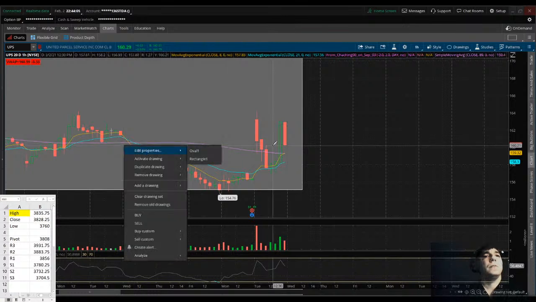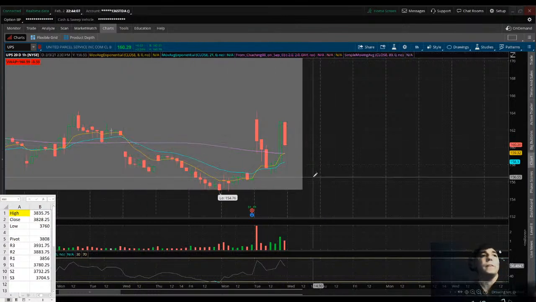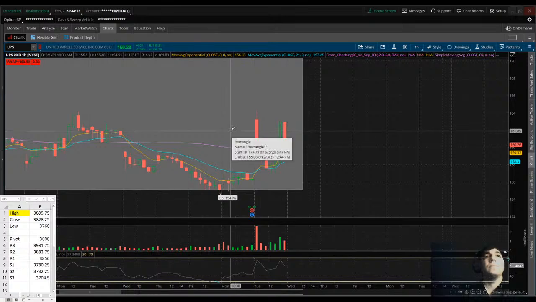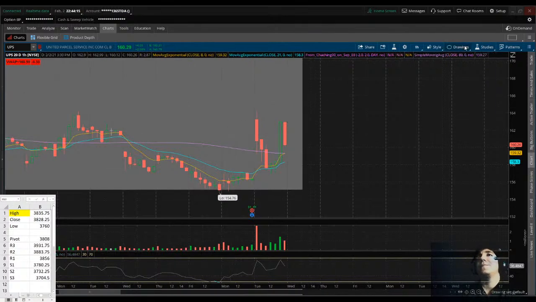Anyway, you got that gap right there. Because you got that gap and we didn't go all the way back into it, I think that's bullish.